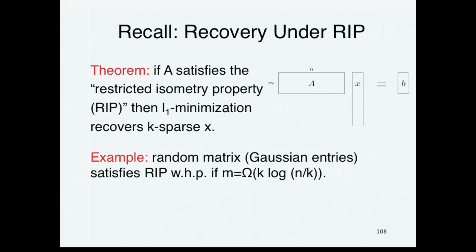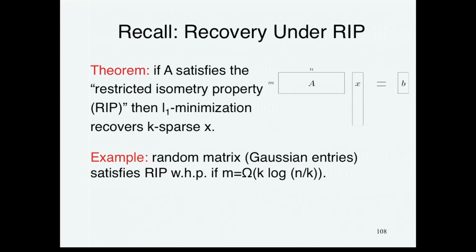Then you could imagine proving that with high probability, L1 minimization works. And from your proof, you can then back out what it was about a random matrix that you actually needed to get the recovery guarantee. That's one way you could motivate where an RIP condition comes from. You ask, what is really the property of a random matrix which drives this result?